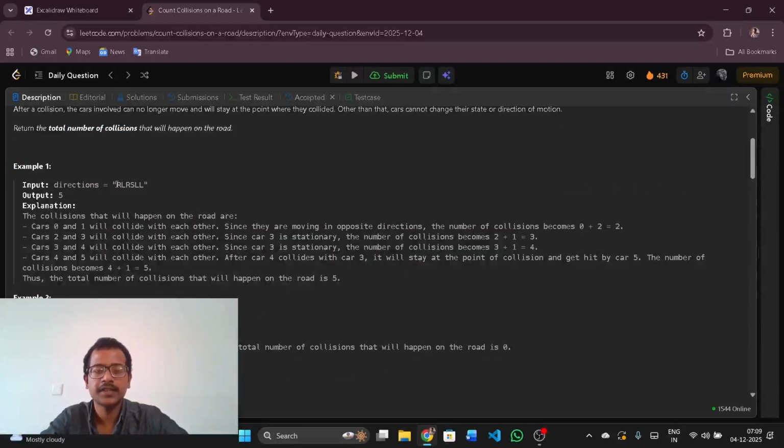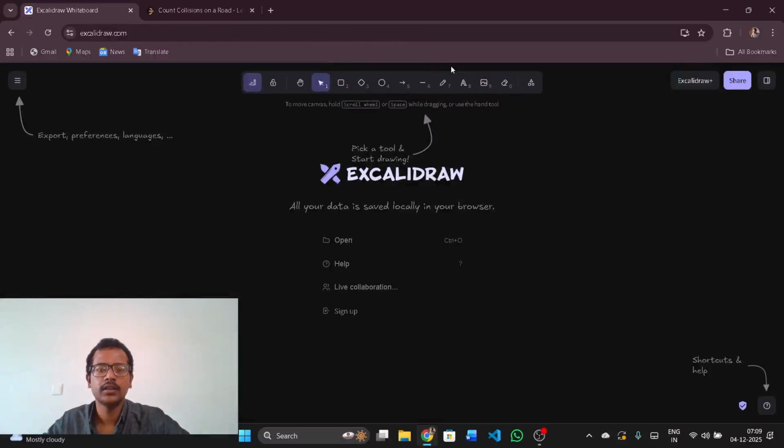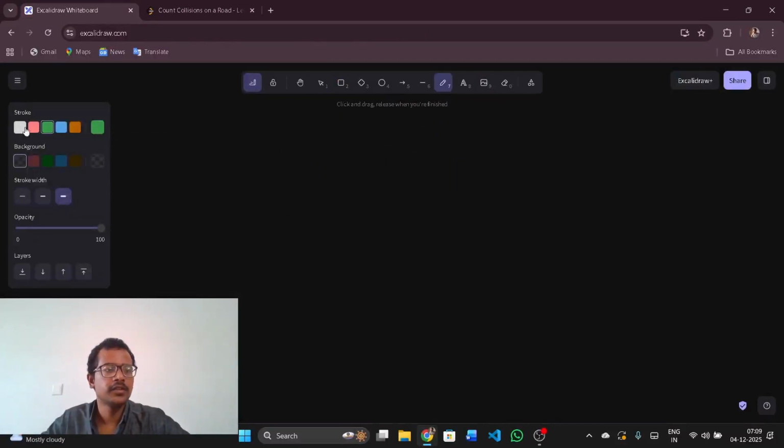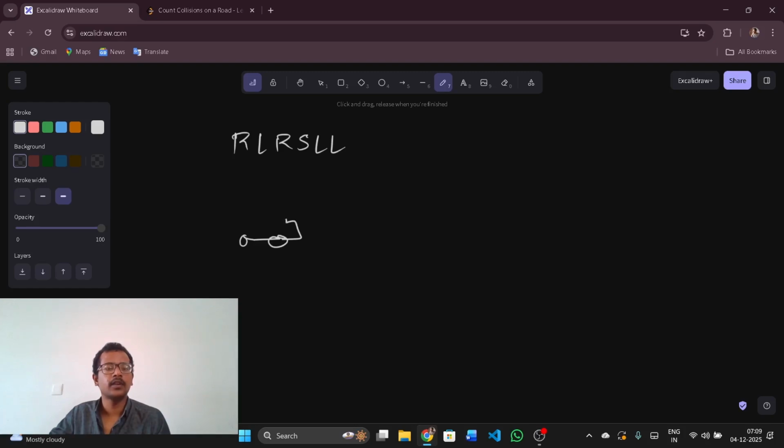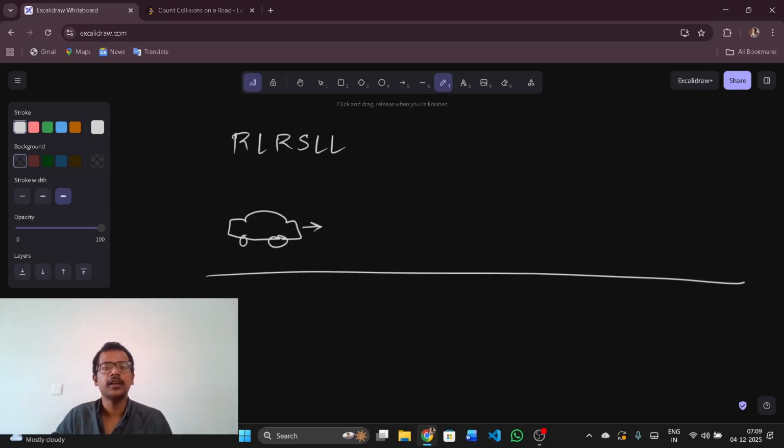Let us take this example: R L R S L L. Let's take a car like this, moving in the right direction. Now let's take another car which is moving in the left direction.